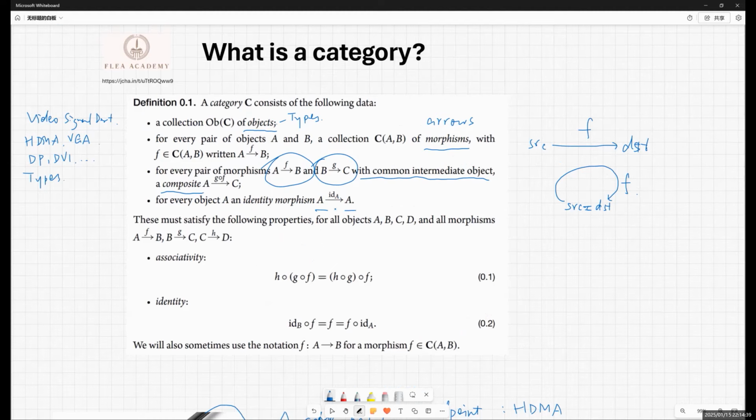Associativity here is a little bit complicated, but let's take a cable for example.